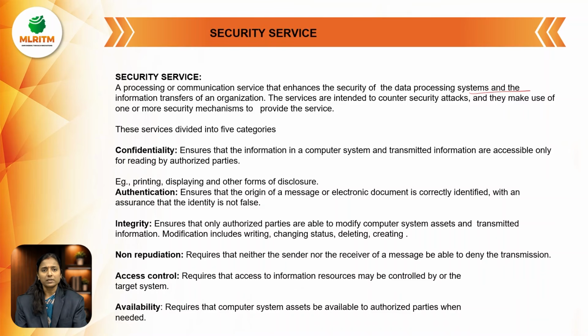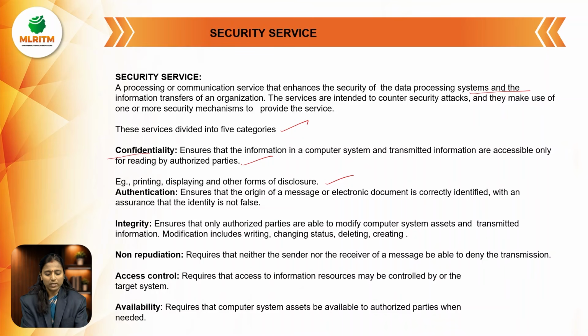In this, the services are divided into 5 categories. First one is confidentiality. Confidentiality means the information can be accessible only by the authorized parties. Examples are displaying, printing, and other forms of disclosure.